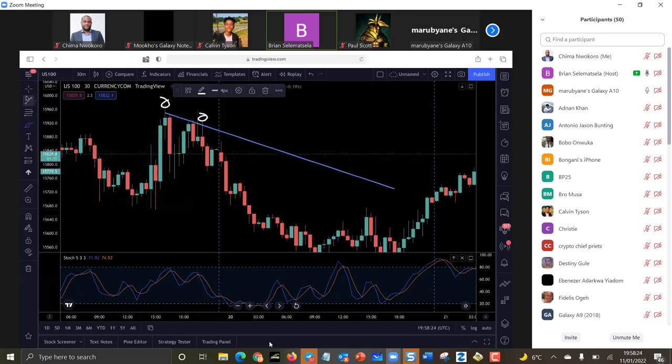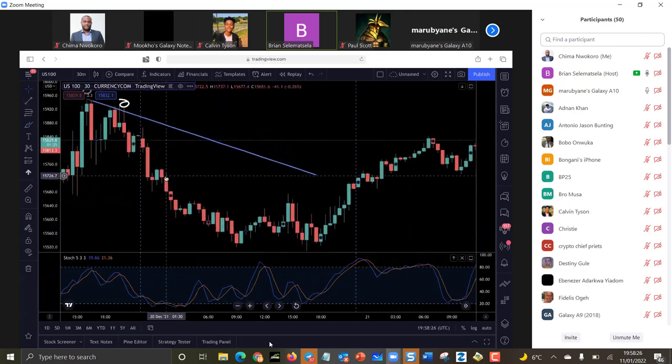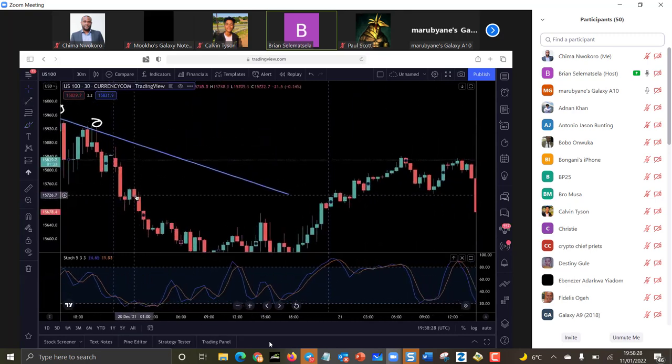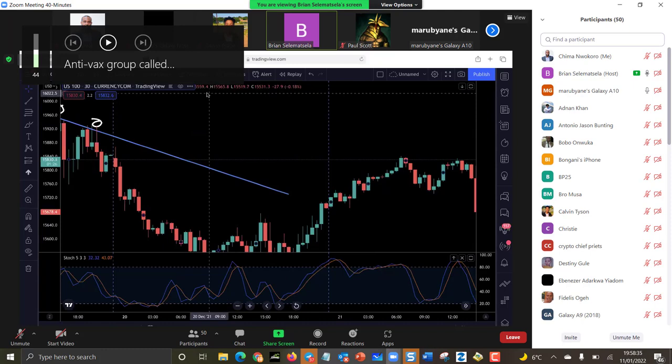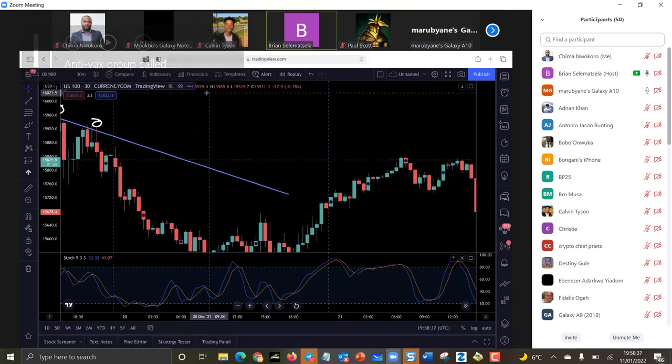If we use this method to draw a first layer line, you find a situation where the first layer line is broken, but it is a false breakout.